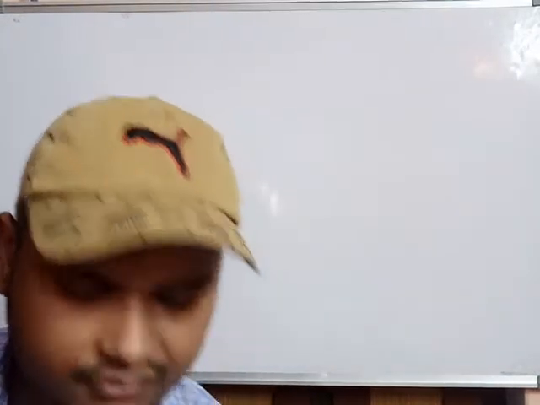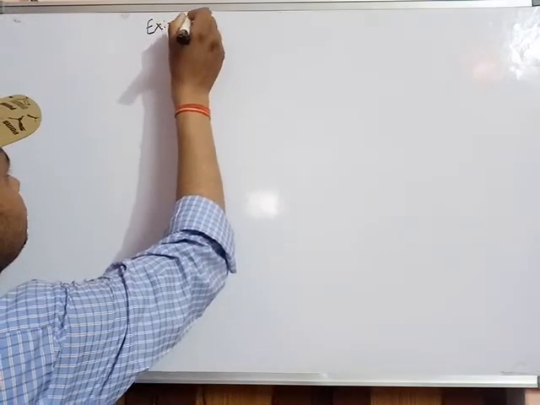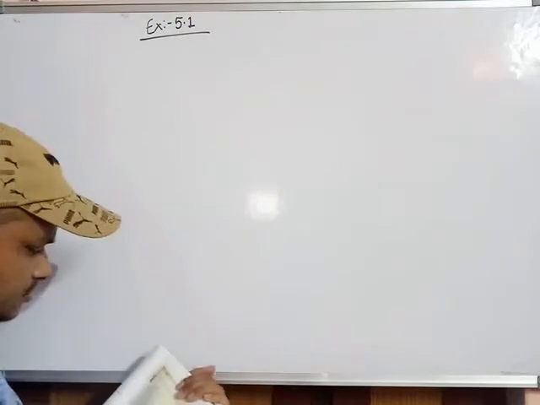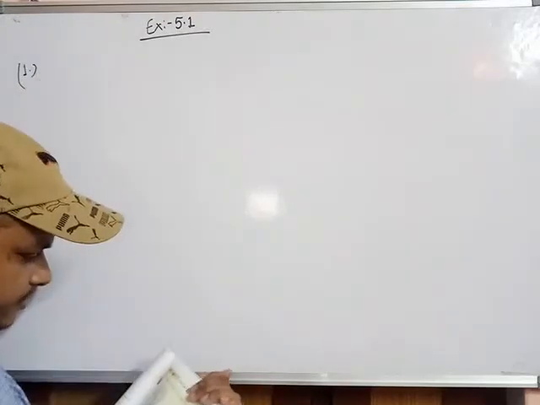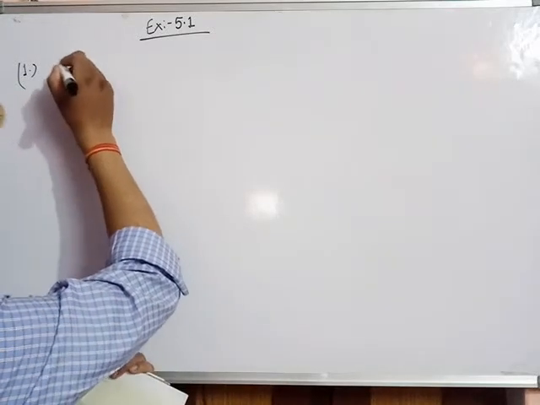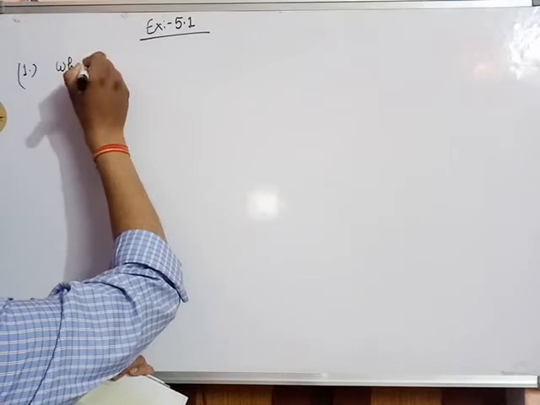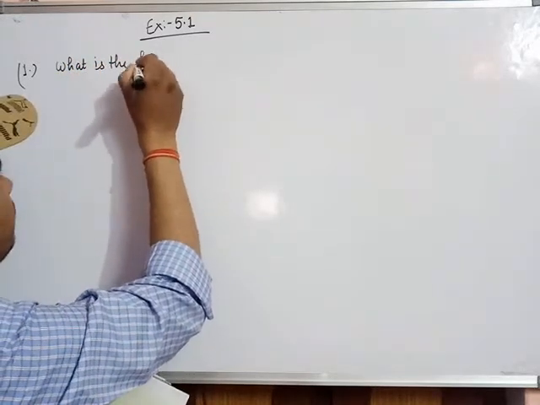So students, this is the time for solving some questions. Exercise number 5.1, question number 1. In this question, you have to find the fraction of the shaded portion.